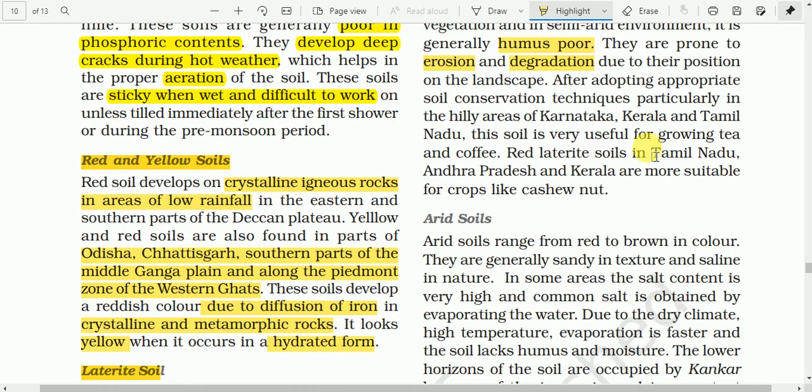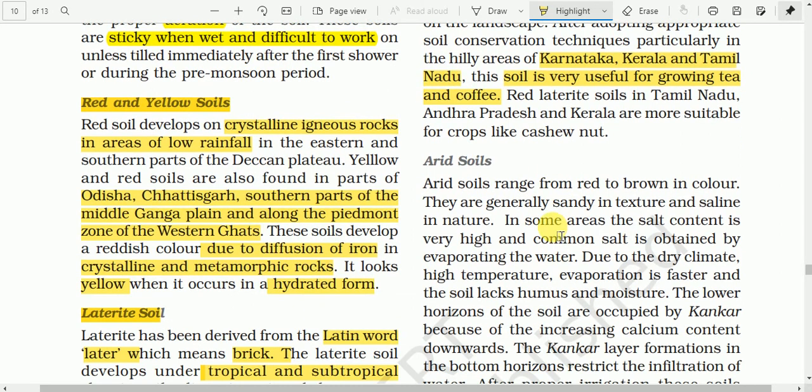And we have learned that these laterite soils are not fertile, but after adopting appropriate soil conservation techniques, they can be cultivated. This soil is very useful in growing tea and coffee in the southern states of Karnataka, Kerala, and Tamil Nadu. So in these states, after appropriate treatment, it is used for growing tea and coffee.